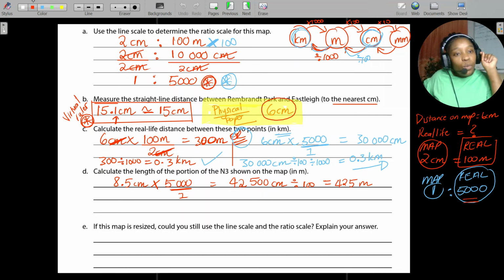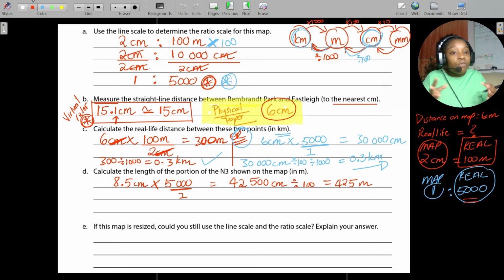But when you resize a map that has a ratio scale, it doesn't resize according to that ratio scale, so you'd have to recalculate the new ratio scale. So if a map is resized, you can definitely still use a bar scale, you can definitely still use a line scale, but you can't use a ratio scale if you resize it.